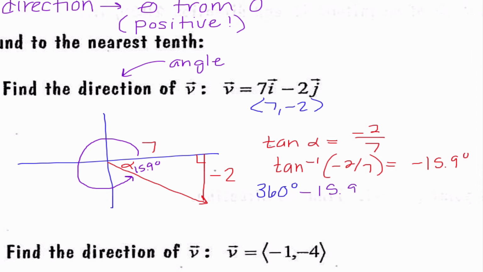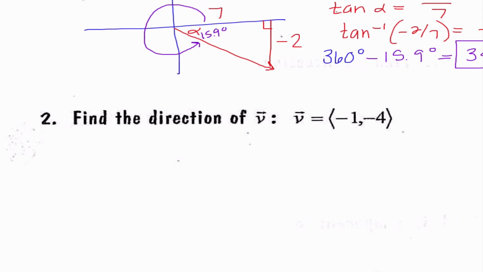And if I do 360 minus the piece that we know, it gives me the angle that we need, 344.1. This is an angle that makes sense to me because if I drew this in quadrant 4, I know that my angle of direction should be between 270 and 360, so this angle is accurate.